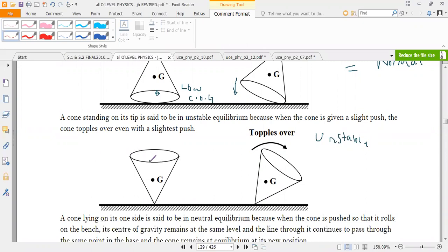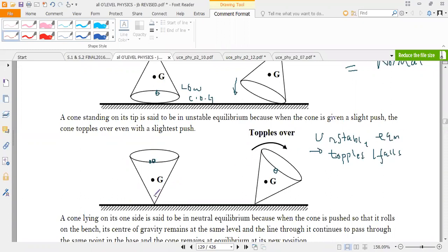The mass is concentrated on the upper part, such that when it is slightly tilted, the body topples over or falls over. So in this case, the body is in a state of unstable equilibrium.